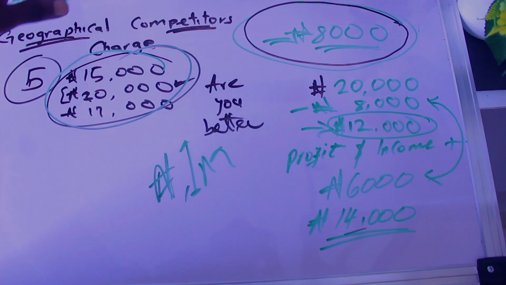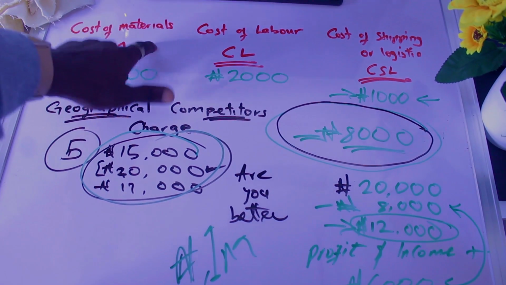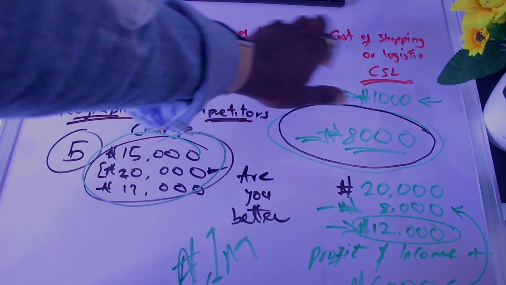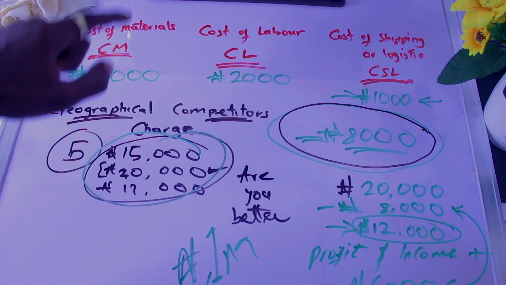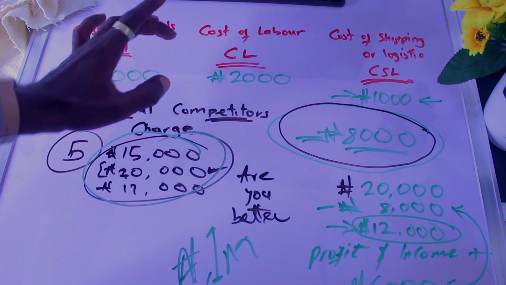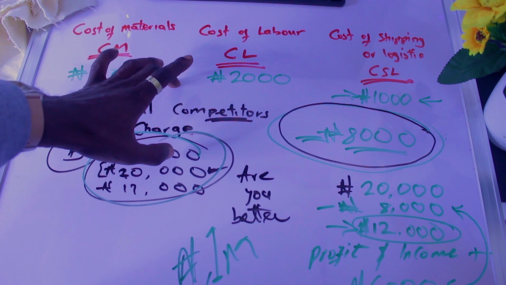So that is about this basic formula. All you have to do is simple: get your cost per material, cost of labor, and cost of logistics. After you get the whole number, all you have to do is call your competitors, find a way to reach them, and know the price at which they make the outfits you're making, right?